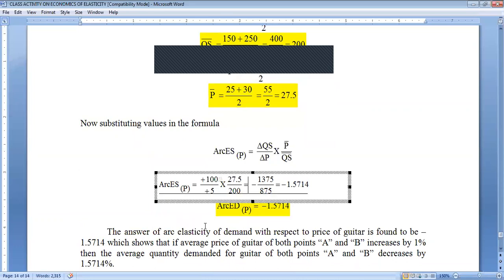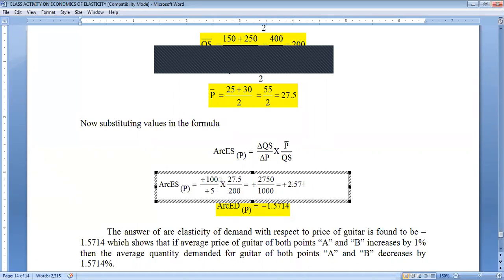So 100 multiplied by 27.5 equals 2750, and 5 into 200 equals 1000, and plus multiplied by plus equals plus. So 2750 divided by 1000 equals plus 2.570. So it is plus 2.57.